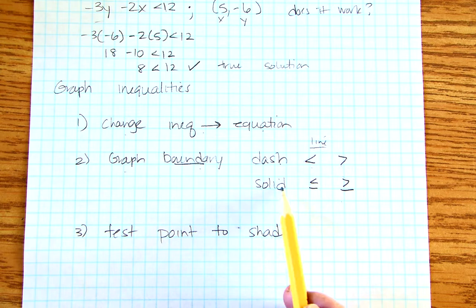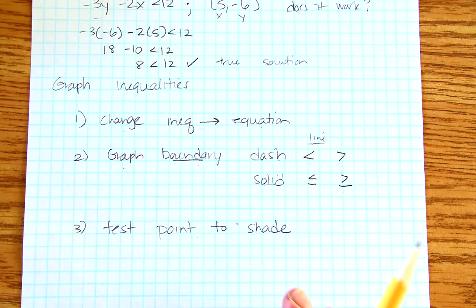We'll talk more about that, but this is basically the rule. And then some shading, and the most effective way to determine which side to shade is to test a point.